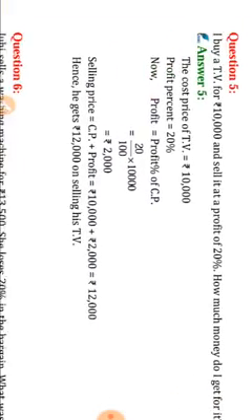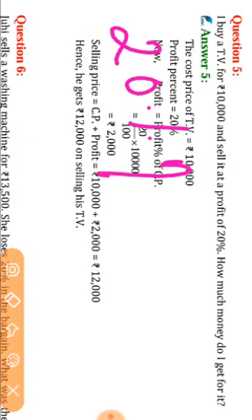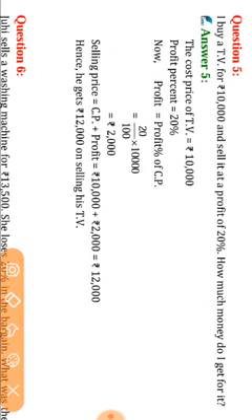Then I buy a TV for 10,000 and sell it at a profit of 20%. How much money do I get for it? So 20% of 10,000, we have to find. Here the cost price of the TV is 10,000 and 20% profit is profit percent of CP.